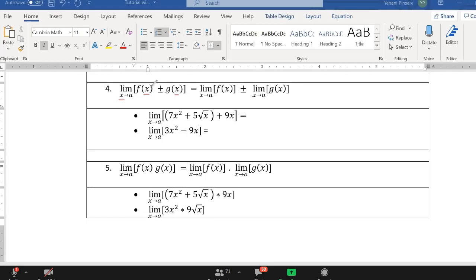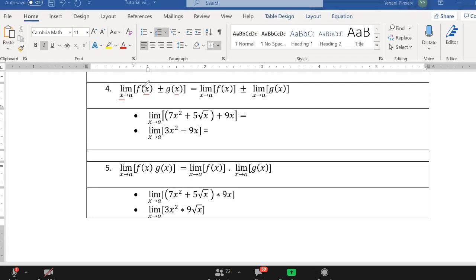When we want to find the limit of the addition or subtraction of two functions of the limit's variable, you can separate those two functions and take the plus and minus outside the limit, right?